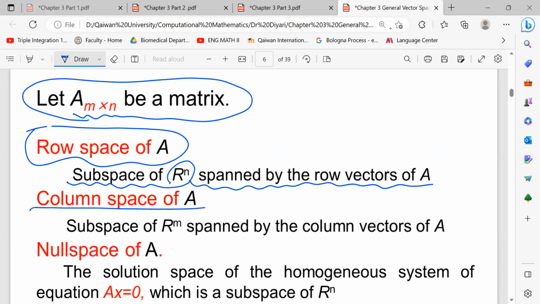And the column space is the subspace of Rm which is spanned by the columns of the matrix.